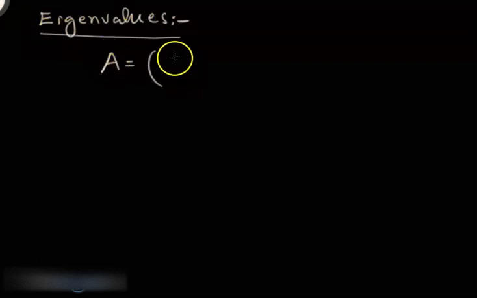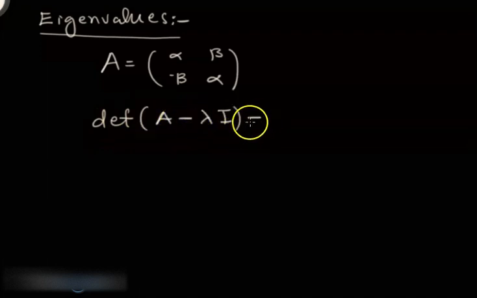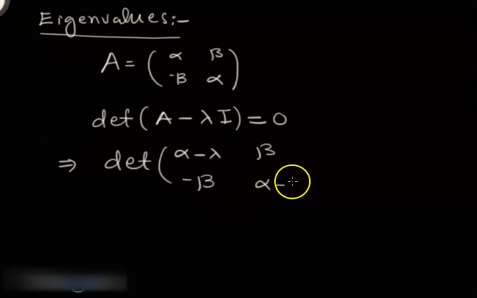So let's first calculate the eigenvalues. My matrix A is given by alpha, beta, minus beta, alpha. For the eigenvalues, we all know that we need to calculate the determinant of A minus lambda times I and set it to 0. In other words, we have to find the determinant of alpha minus lambda, beta, minus beta, alpha minus lambda to be 0.